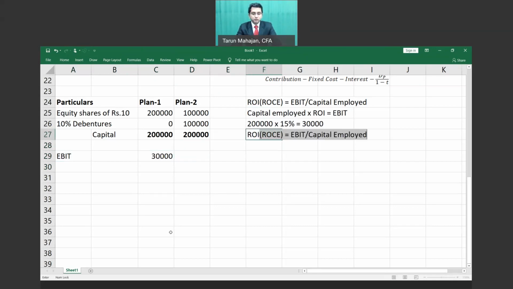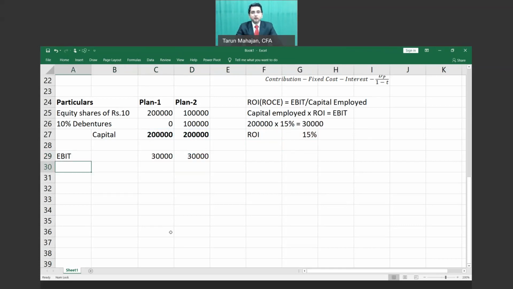Here I have assumed that ROI is equal to 15%. Accordingly, this 2 lakh rupees multiplied by 15%, and here also 2 lakh rupees multiplied by 15%. This is the EBIT.